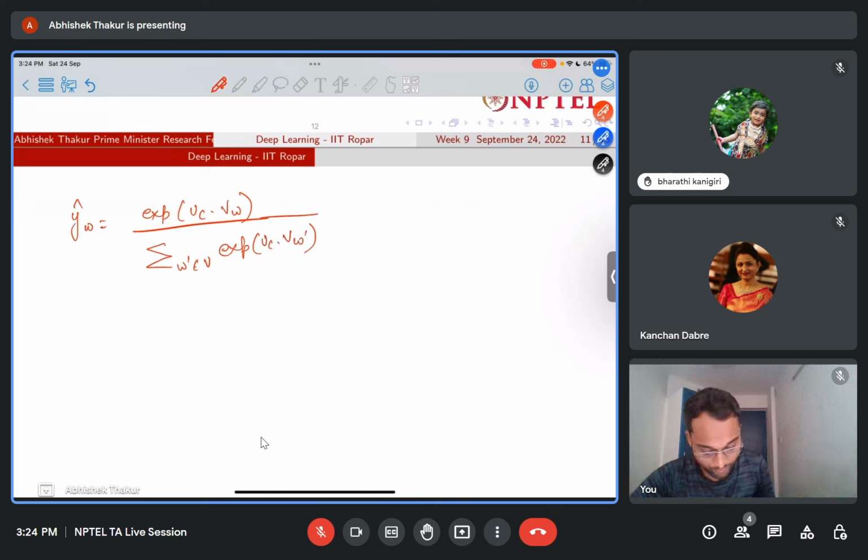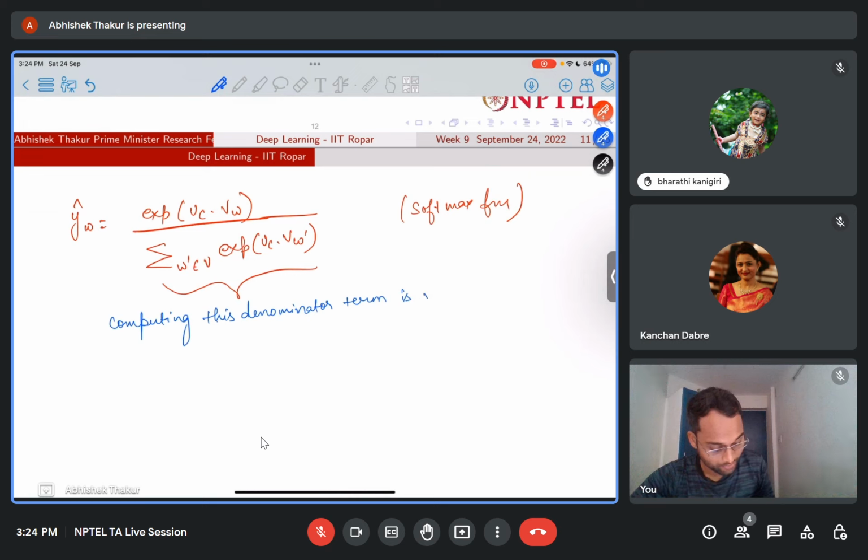This is the softmax function, and as we know, computing this denominator term is very expensive.